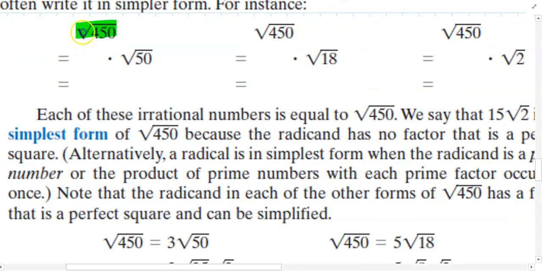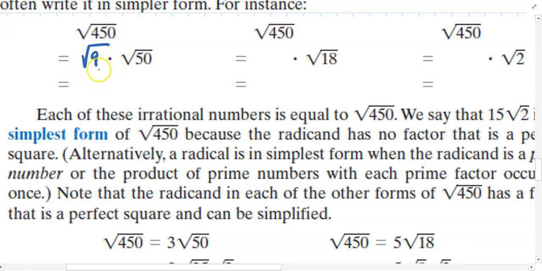We may be asked to find the square root of 450, or to simplify the square root of 450. And that's a rather large number, so it's a bit hard to interpret right now. But you may recognize that the number 9 times 50 is 450. So we could take the square root of 9 times the square root of 50, and that would be equal to the square root of 450.